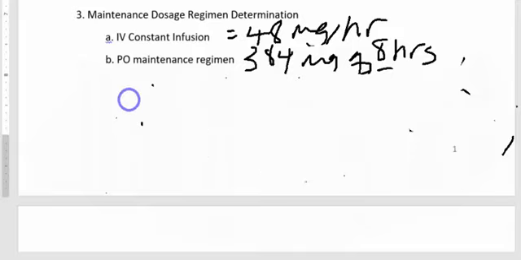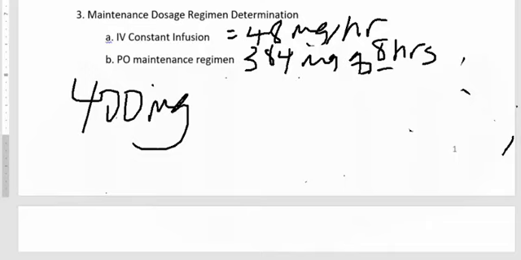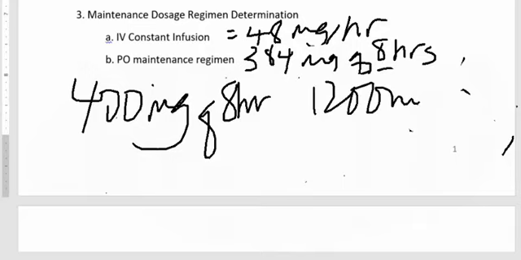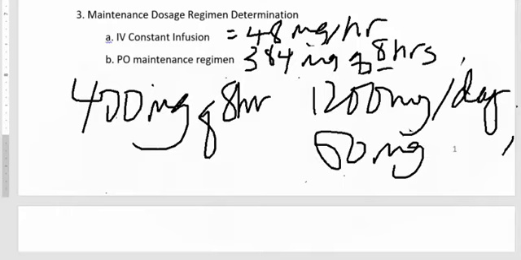400 milligrams every 8 hours of the theophylline, we're giving 400 times 3. Well, let's do it by hour. So we're giving 1,200 milligrams per day, or we're giving 50 milligrams per hour.